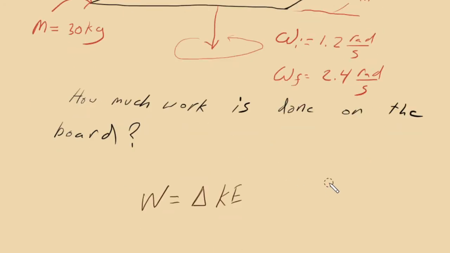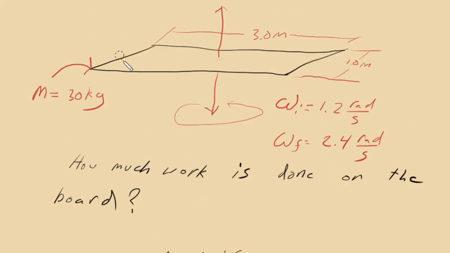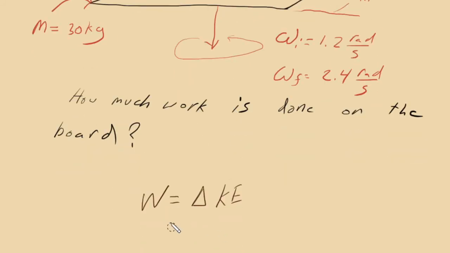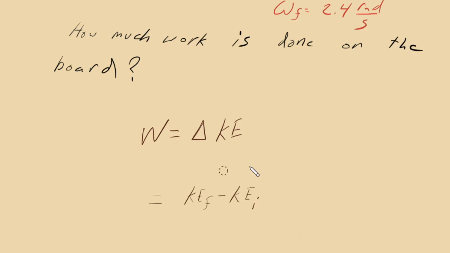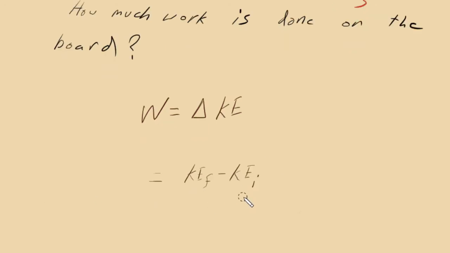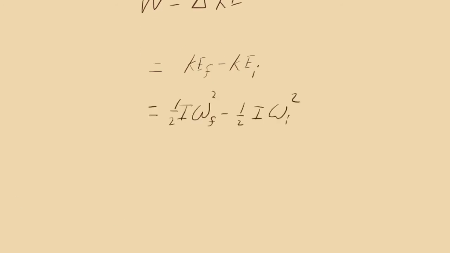Well, with translational kinetic energy, we saw that the work done on an object, as long as we're not losing any energy, this board's not rubbing up against anything, so we're not causing heat from friction, and we're ignoring air resistance, so we don't have any loss of energy, we could say that our work done on the board is going to be equal to the change in kinetic energy, which of course is just the kinetic energy final minus the kinetic energy initial.